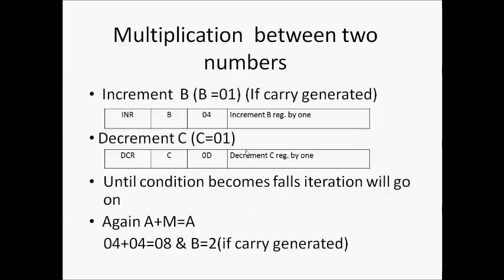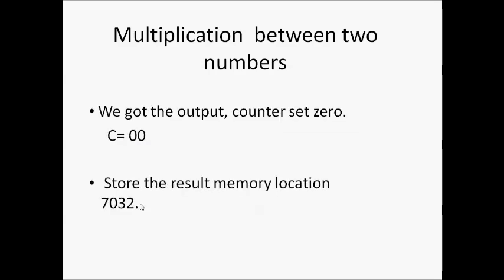If a carry is generated, register B is incremented. The instruction is INR B, and counter C is decremented. Until the condition becomes false, the iteration goes on, and again A plus M is equal to A. If a carry is generated, again register B is incremented.